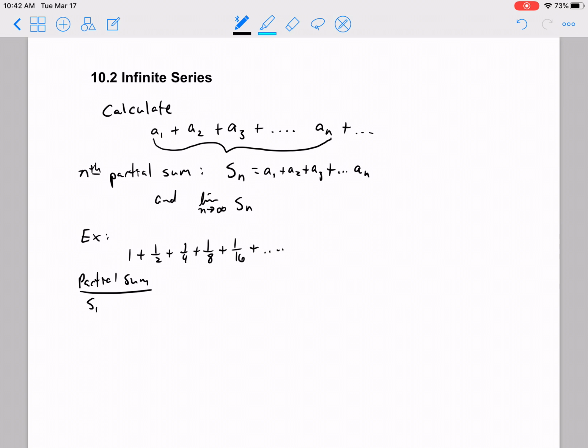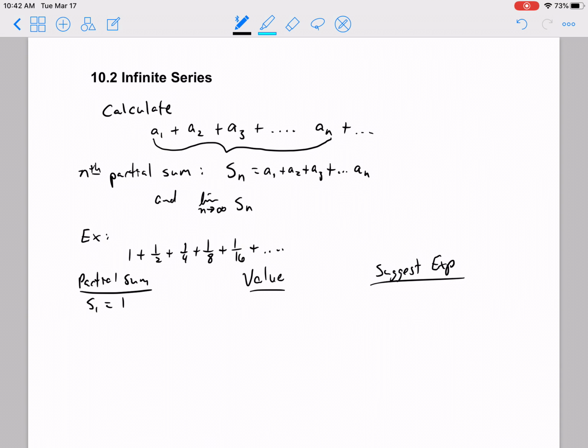So S1 is just 1, and we'll get a value and a suggested expression that's going to help us here.